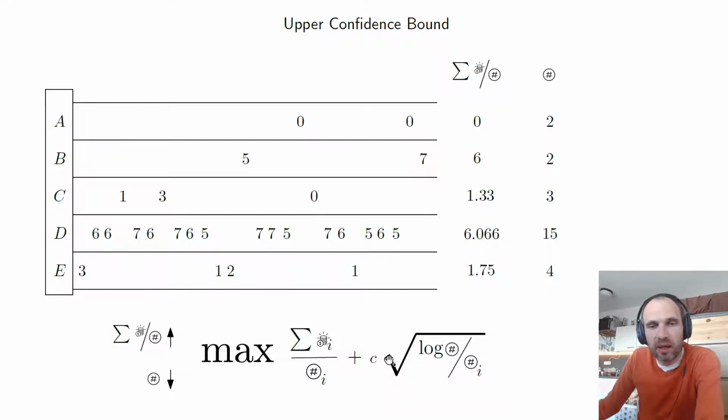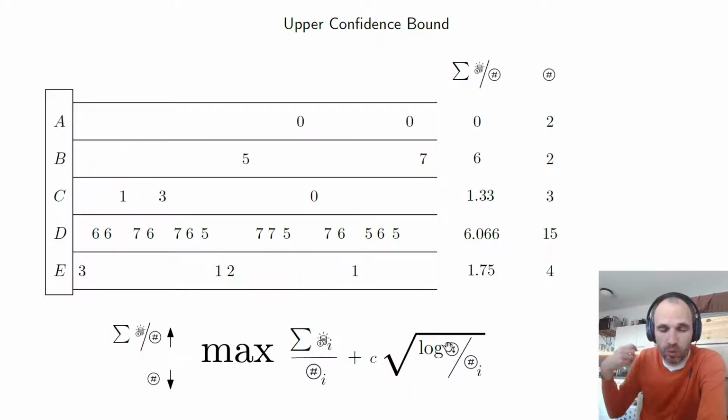And then this says the total number of tries, and this here tells us something about how often option I has been taken. So basically, this thing here becomes larger and larger the fewer times we have taken option I. But the whole term becomes also larger the more tries we had in total.